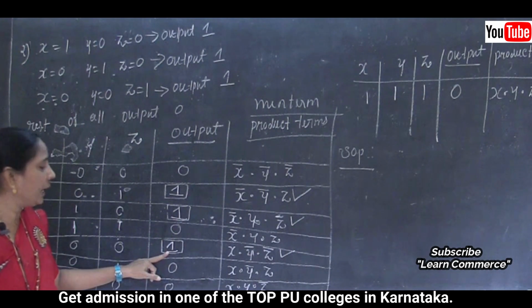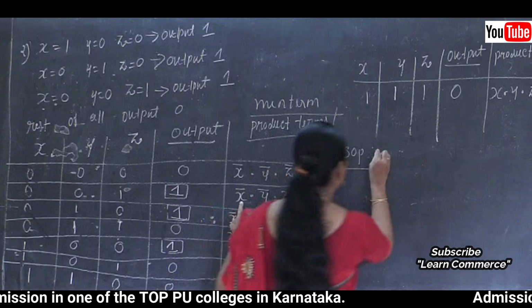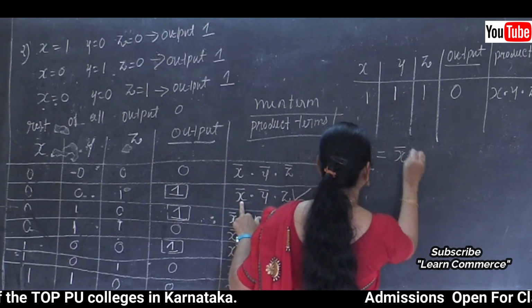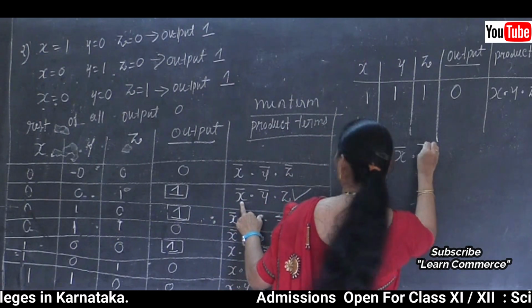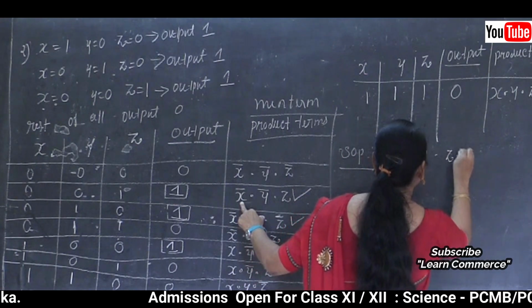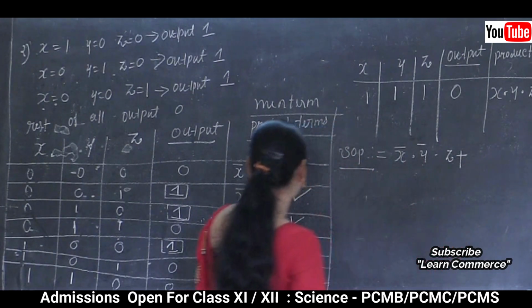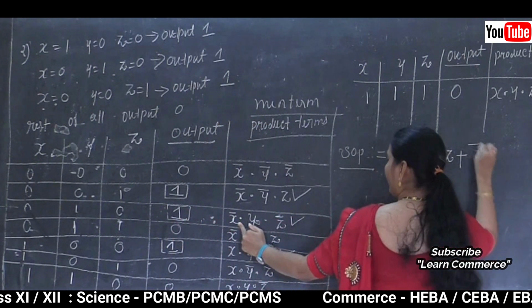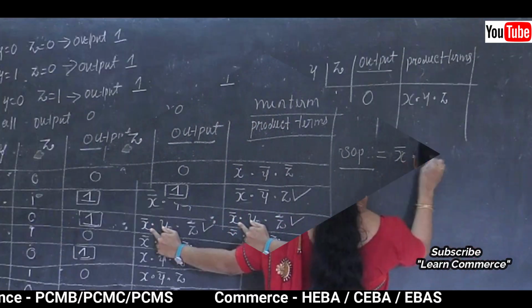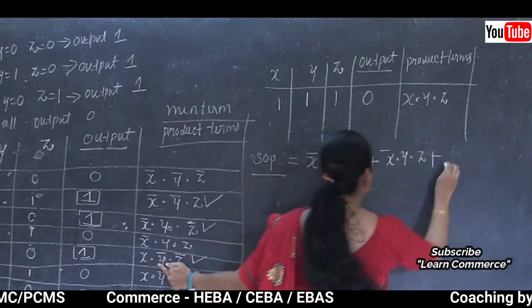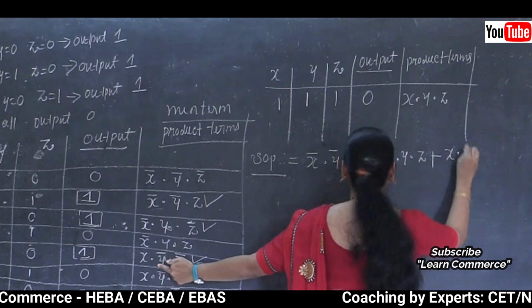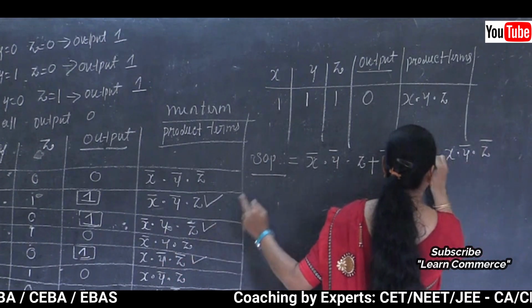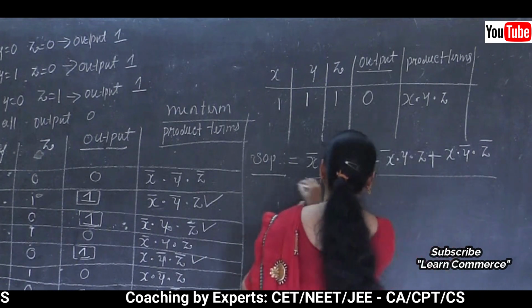So the first term is complement x, complement y and z, plus complement x, y and complement z, plus lastly x, complement y and complement z. So this is the answer, the SOP form.